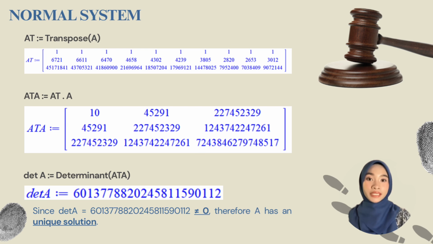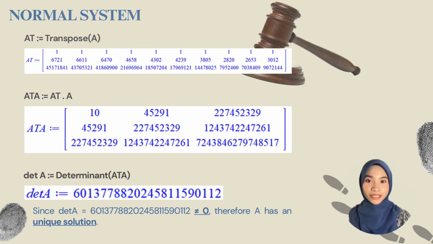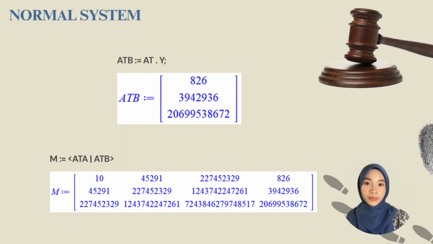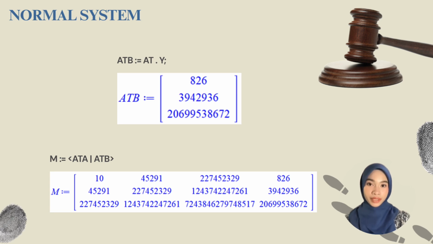Second, multiply A transpose with A to get A transpose A. Next, to know the type of solution of the matrix, we need to find the value of determinant A. So, we run the command, and this shows determinant A is not equal to 0. Therefore, A has a unique solution. We need to proceed with A transpose multiplied by B. Lastly, we have to fulfill our equation and call it matrix M.